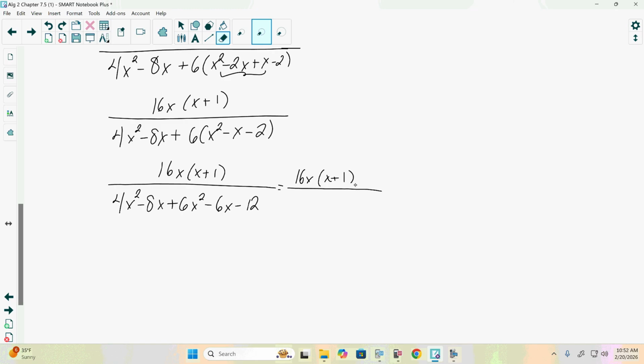Now 4x squared and 6x squared would give us 10x squared. Our negative 8x and negative 6x would get us here.